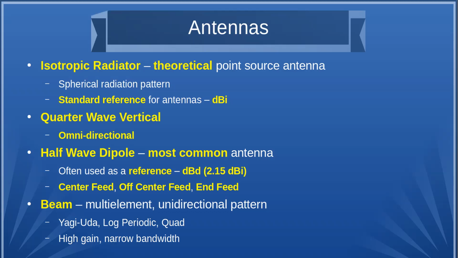You get a different impedance match depending on exactly what point you pick. And the difference between the off-center fed, center fed and end fed is what harmonics it'll operate on. So if you have a center fed, I believe it operates on even harmonics. If it's off center fed, it operates on odd harmonics. If it's end fed, it works on all harmonics.